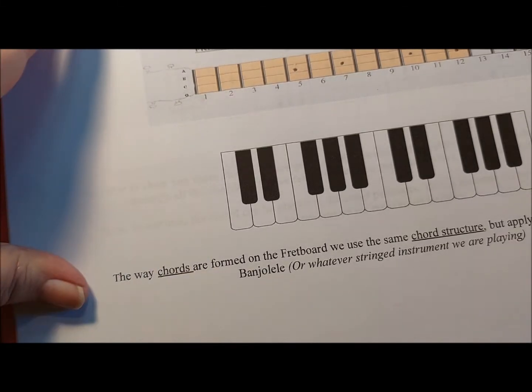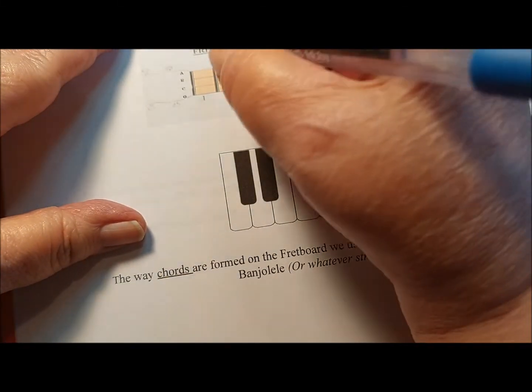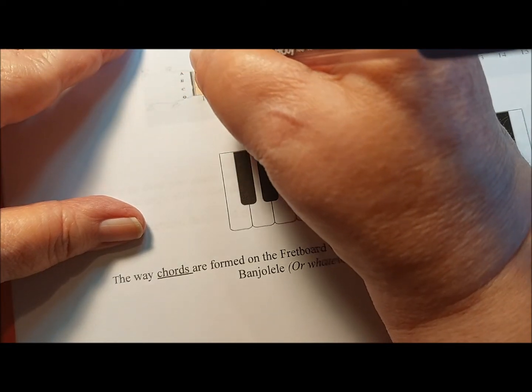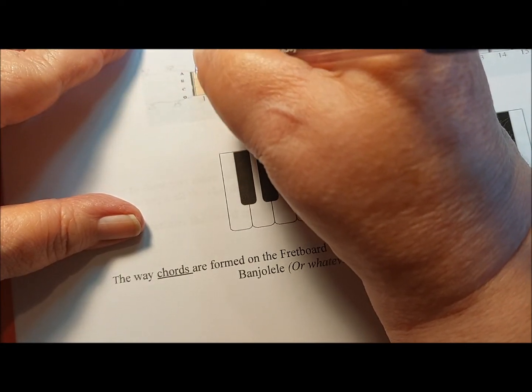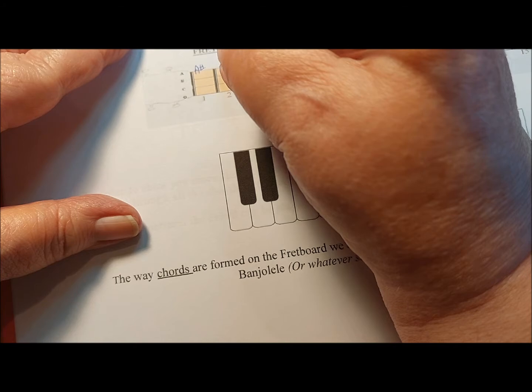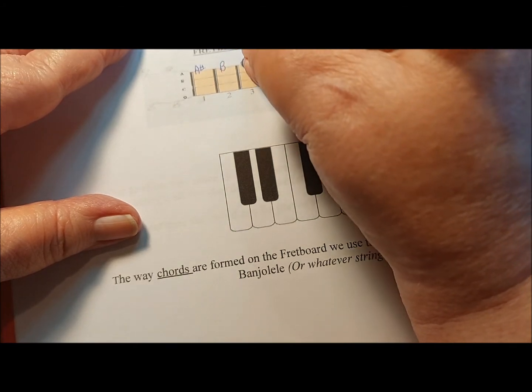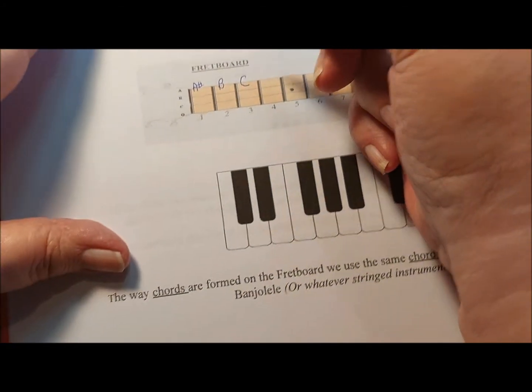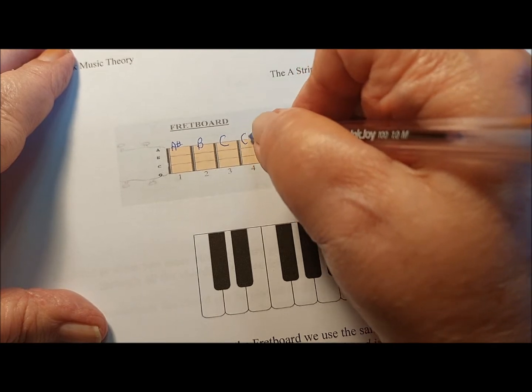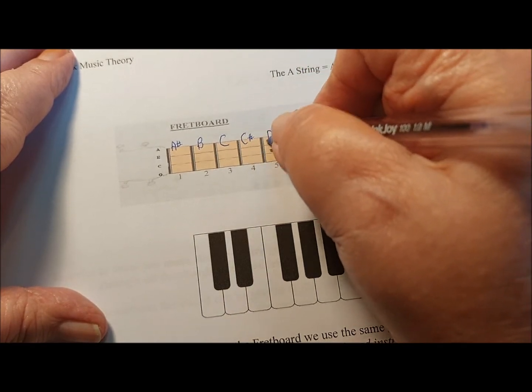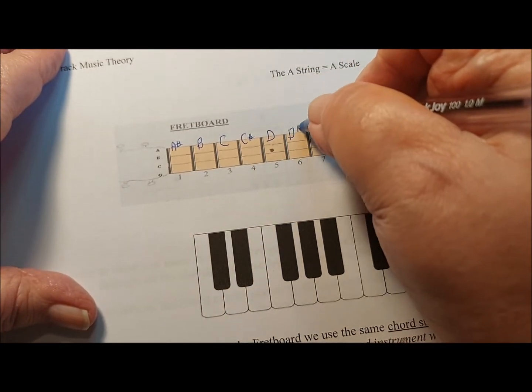A. So you can just do it like this. A sharp, B, C, because there's no B sharp. C sharp, D. This way I'm filling in all the half steps.